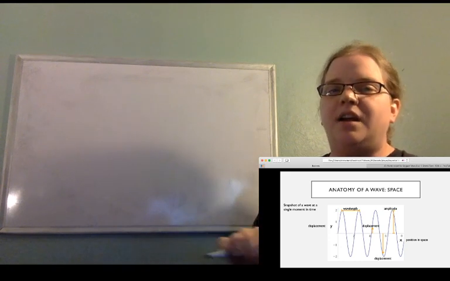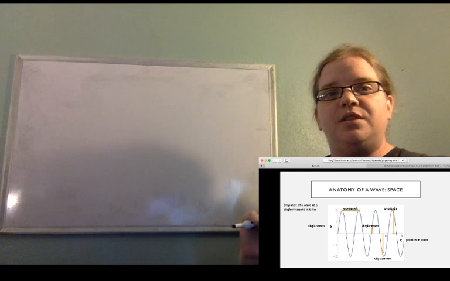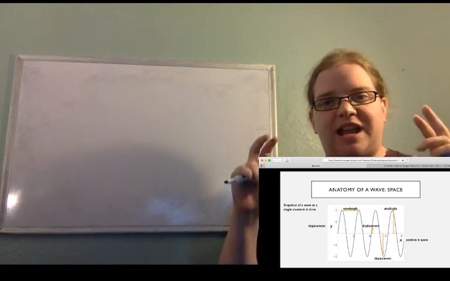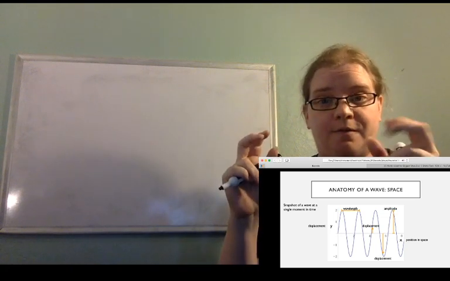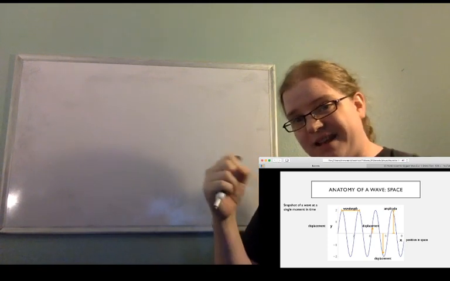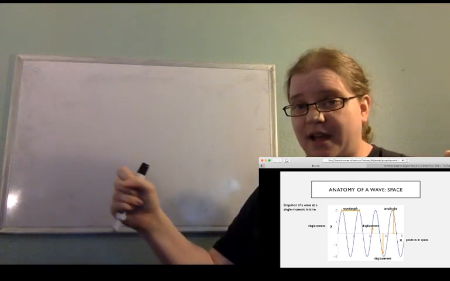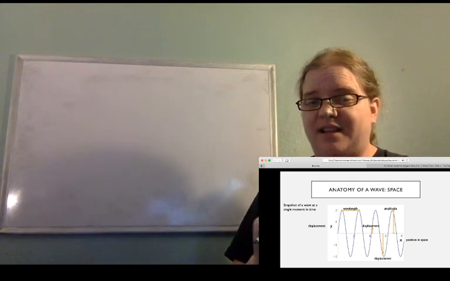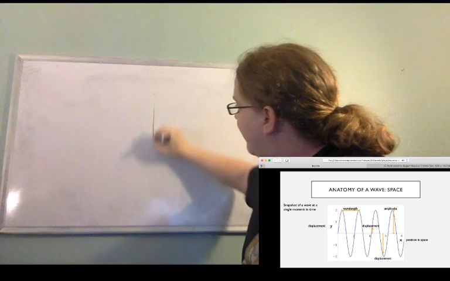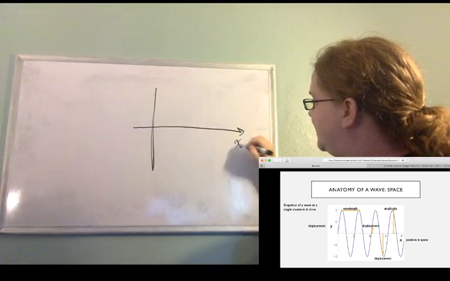All right, so for the space picture, it's very much like literally taking a photograph. You take a picture, and so you are at a single moment in time. A photograph does not capture lots of time. It's going to be one moment in time. But it does show you what's happening across space.